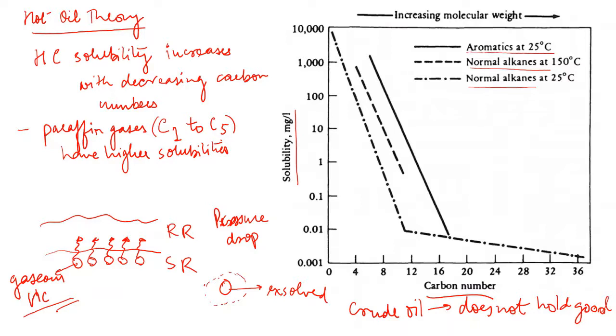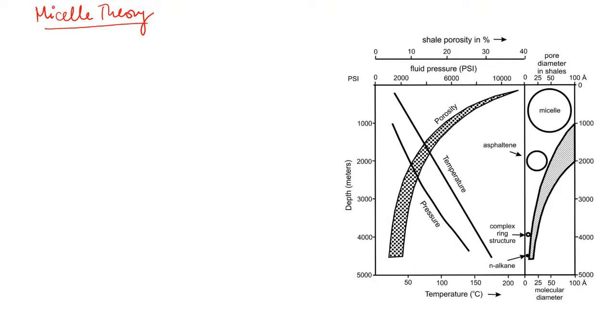The remainder consists of heavy resins and other organic compounds which are virtually insoluble in water. So the next theory that comes in place is the micelle theory. It says that micelles enhance the solubility of hydrocarbons.